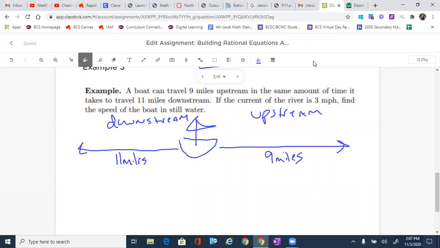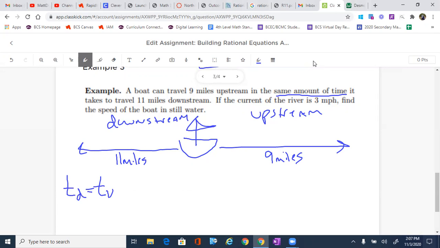In the first line, it says a boat can travel 9 miles upstream in the same amount of time it takes to travel 11 miles downstream. So what we know automatically is that the time for downstream is equal to the time for upstream.